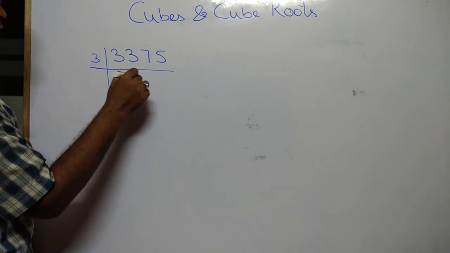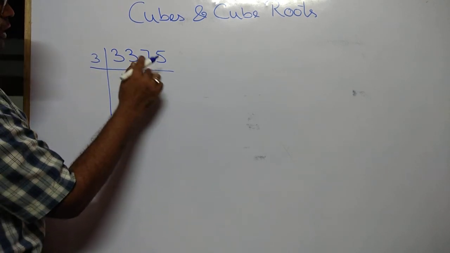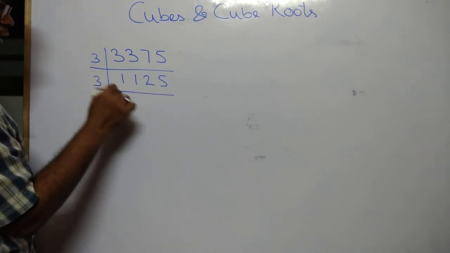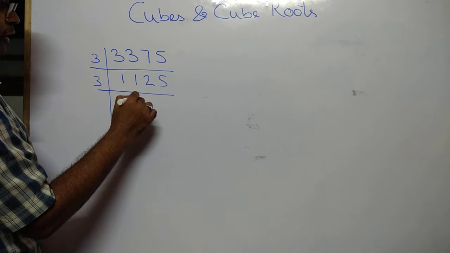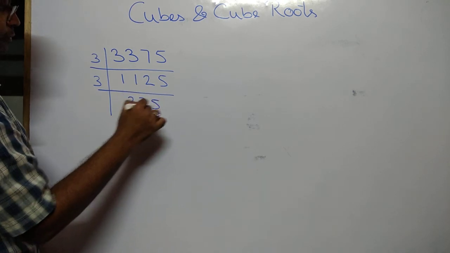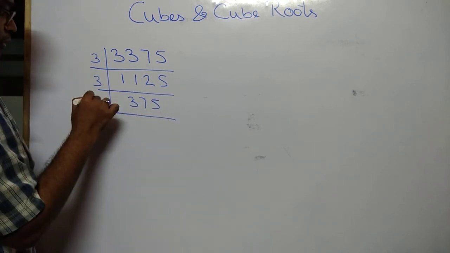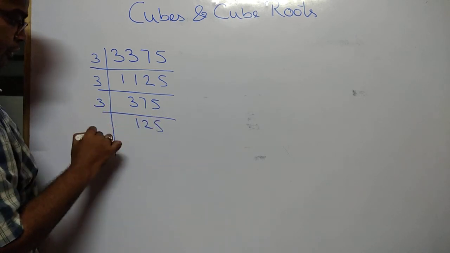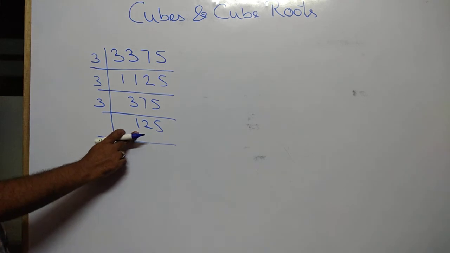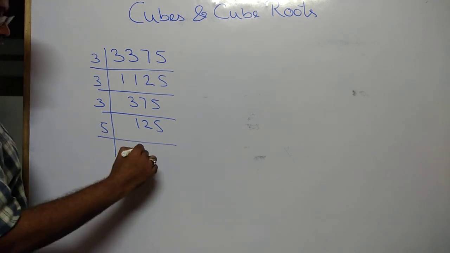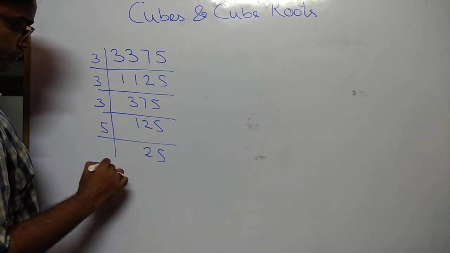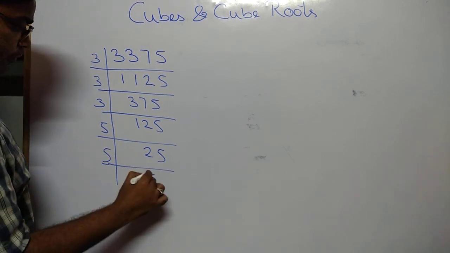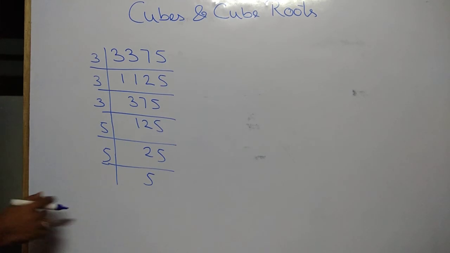Dividing 3375 by 5 gives 675, then 135, then 27. Then 27 divided by 3 gives 9, then 3, then 1. So this is your prime factorization.